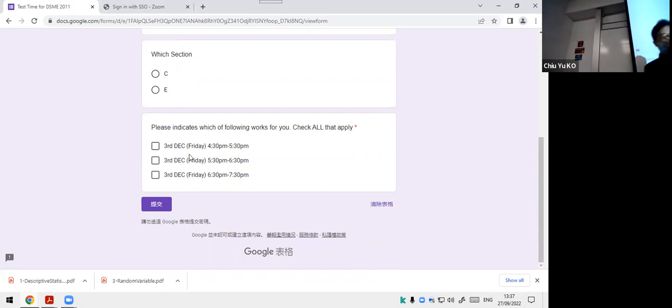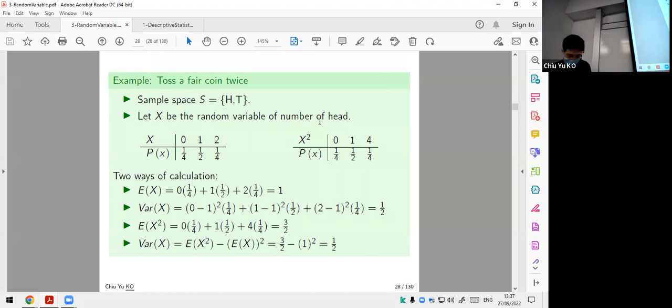Some of you asked me for the past test. I will release it at a later stage, but to let you know what you might be expecting: if you know how to do the homework, then most of the questions should be very similar or straightforward. Of course there may be some variation, but you will see.